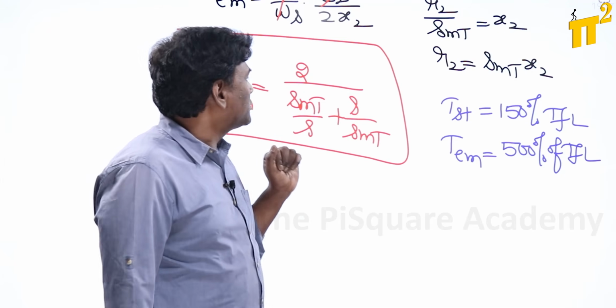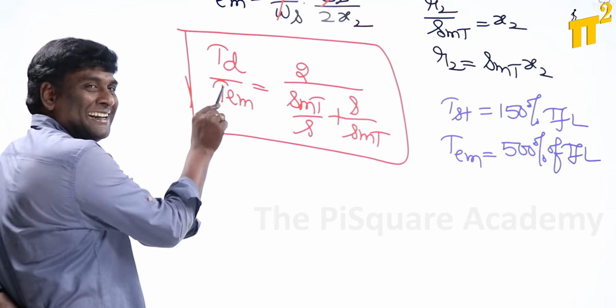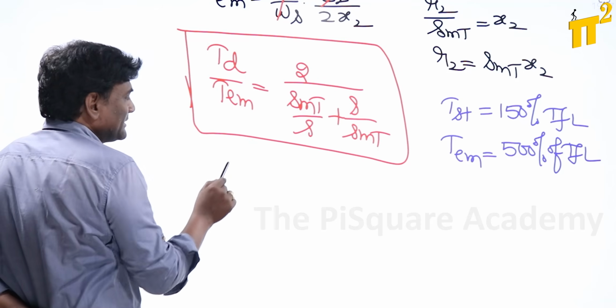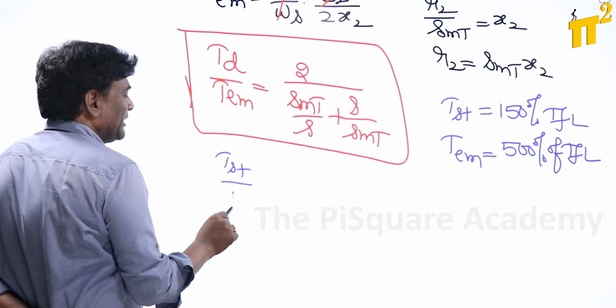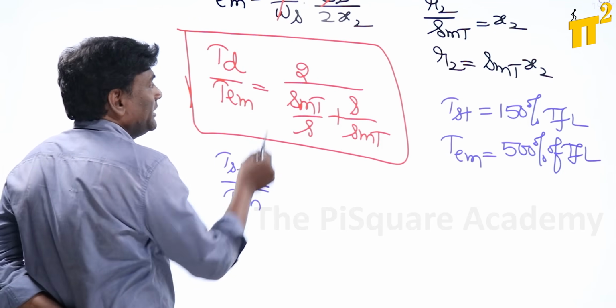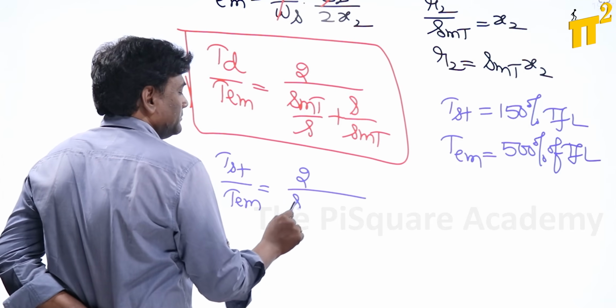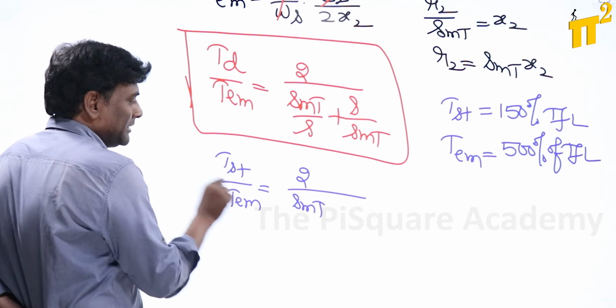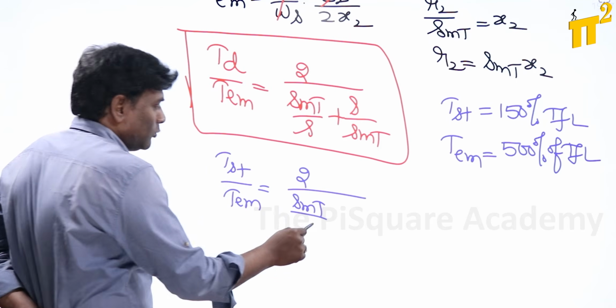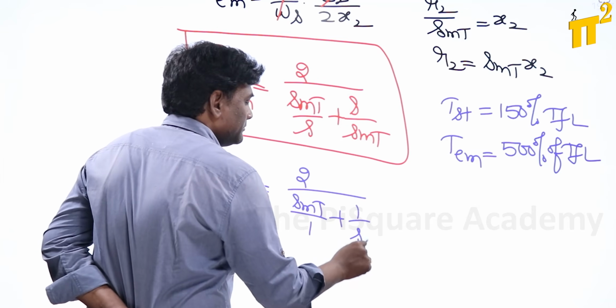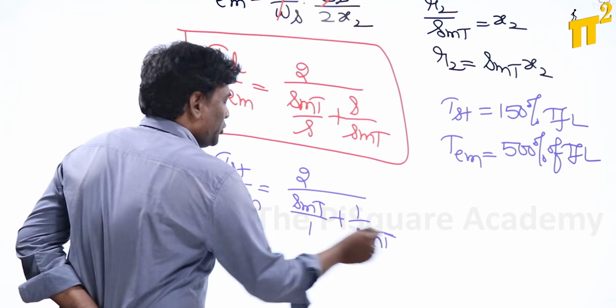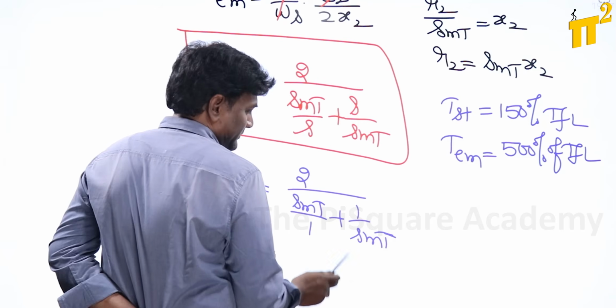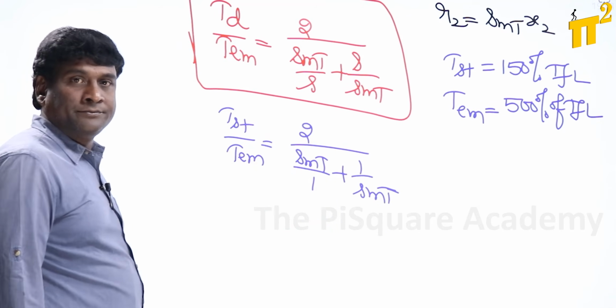Now what you are supposed to do, for example, in place of TD, if I write TST, starting torque divided by pull out torque is going to be 2 divided by SMT by S plus S by SMT. With S equal to 1 the starting condition gives 1 plus 1 by SMT, so TST by TEM is going to be this.